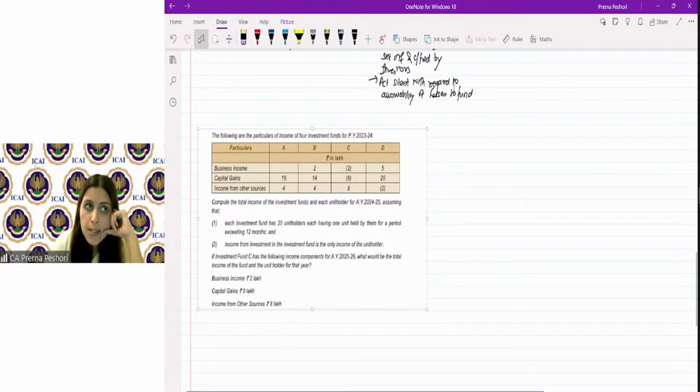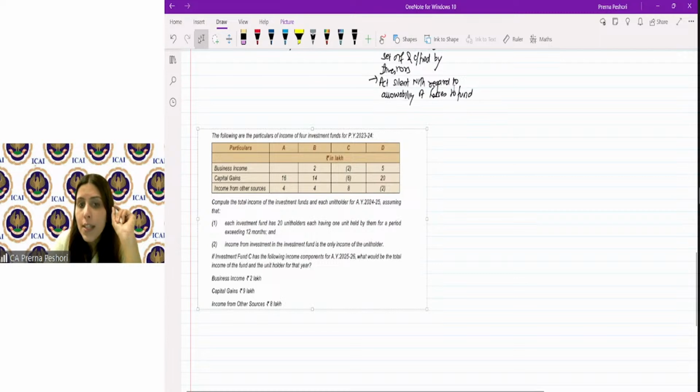That will be treated as a pass-through income. So that will be taxable in the hands of the unit holder in the like manner and to the same extent. Now, if you read, it says there are 20 unit holders and each one is holding one unit.